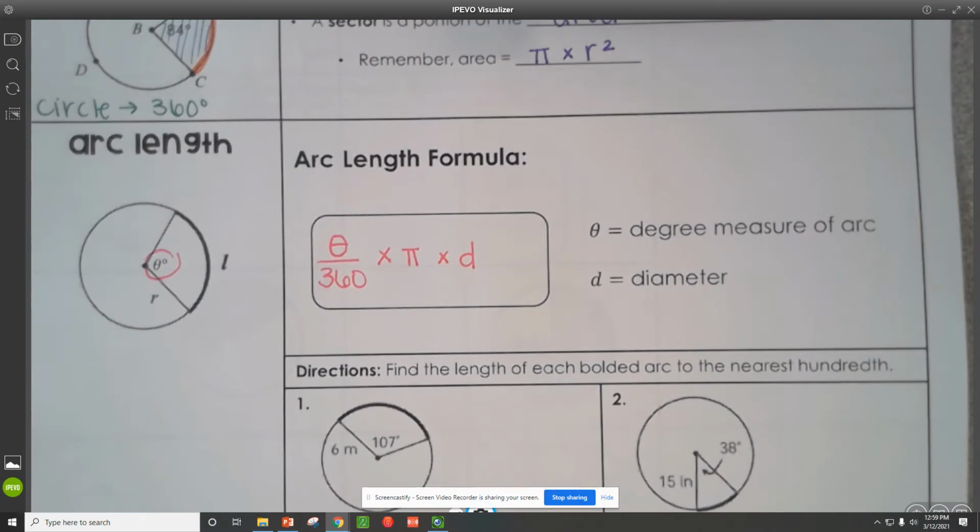So number one, we're talking about this arc. It's bolded here. And this angle is 107 degrees. So 107 over 360 times pi times diameter. So this is giving me the radius. Diameter would be 12. And that is 11.21 meters.